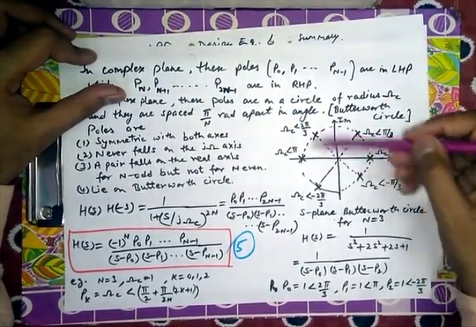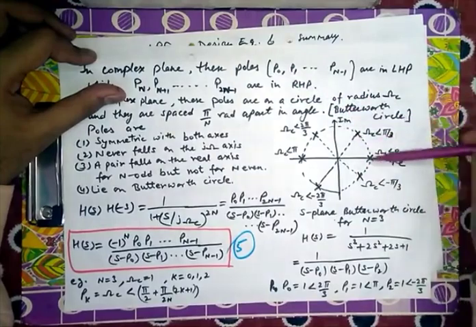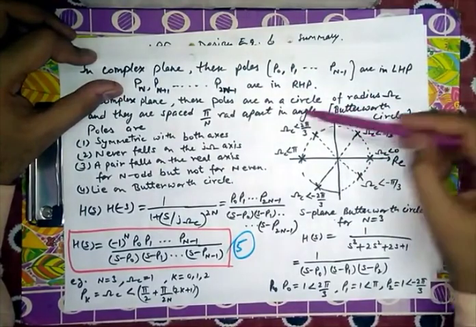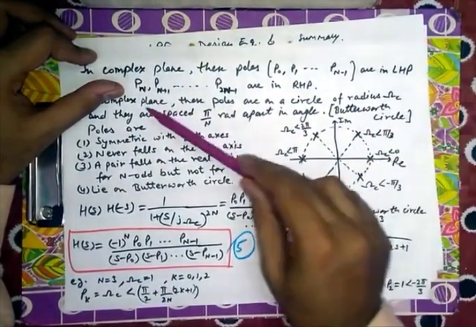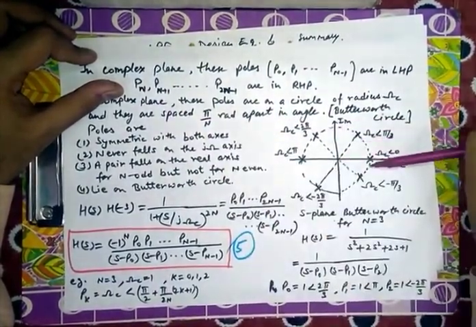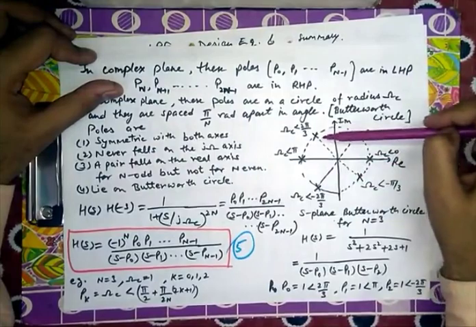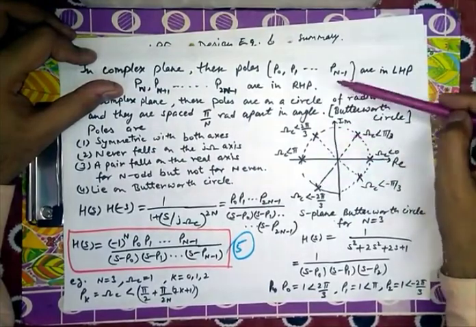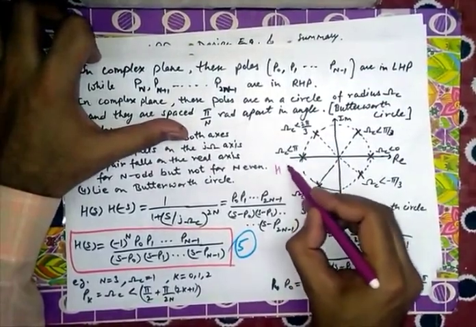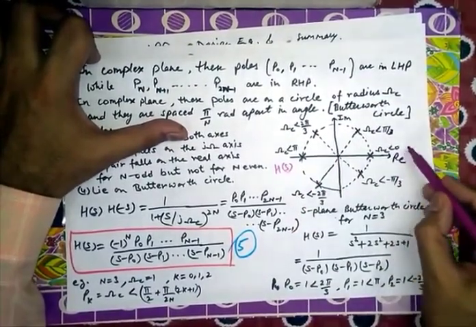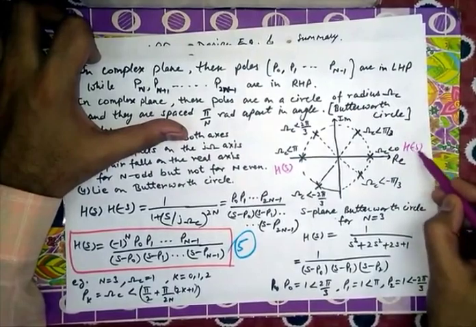These poles correspond to p0, p1 and p2. These poles correspond to pn, that is p3, p4, p5. These poles correspond to pn, pn plus 1, pn plus 2, and these poles correspond to p0, p1, p2 and pn minus 1. So these poles, that is left hand side poles, correspond to H(s), and right hand side poles correspond to H(-s).